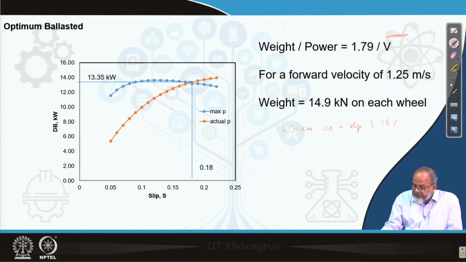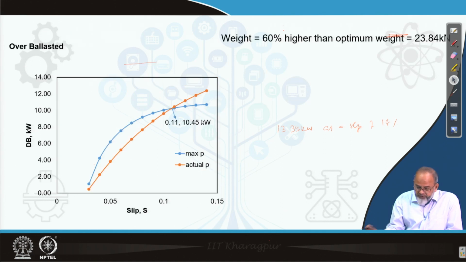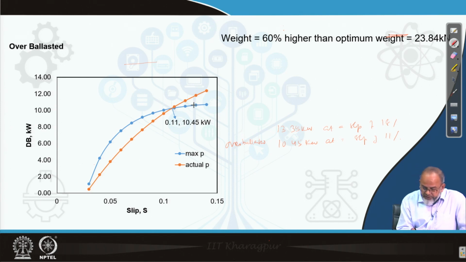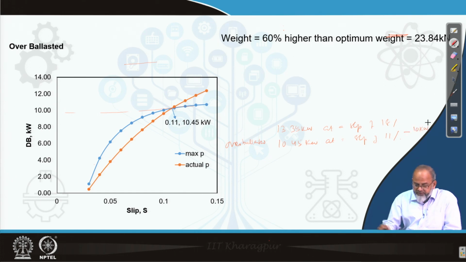In the over ballasting condition, we got 10.4 kilowatt at a slip of 11%. This is over ballasted, and corresponding to this condition, if you draw the line, the maximum power is only 10 kilowatt.